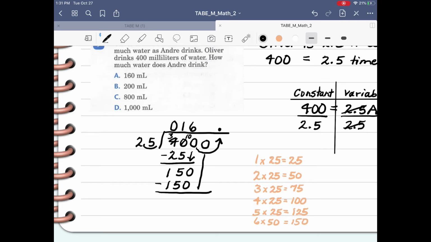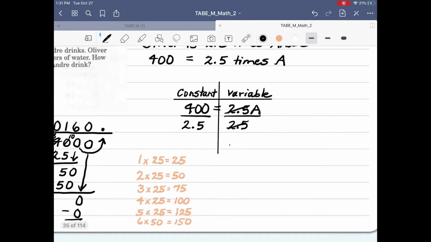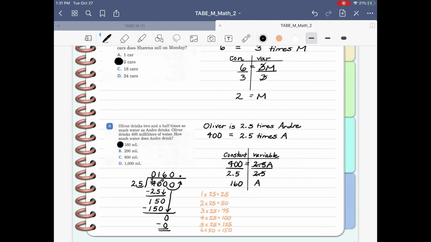We got to bring down that last 0. 25 into nothing is nothing. Now we're done. And the answer is 160 milliliters. So Andre is 160 milliliters. That one is much easier if you have a calculator.